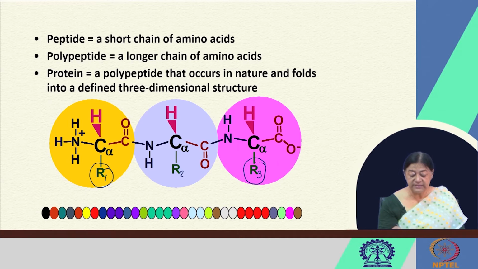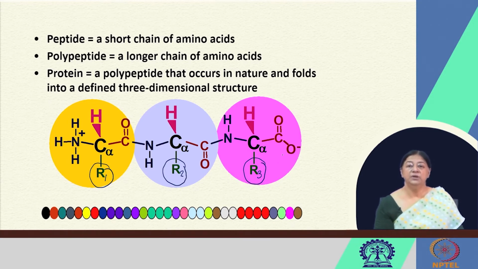The identity of the side chain is what we need, because we know that the rest of the amino acid is common for all. So, if I know what R1, R2 and R3 are, I know how they are linked together in the polypeptide chain, because they are linked through peptide bonds.